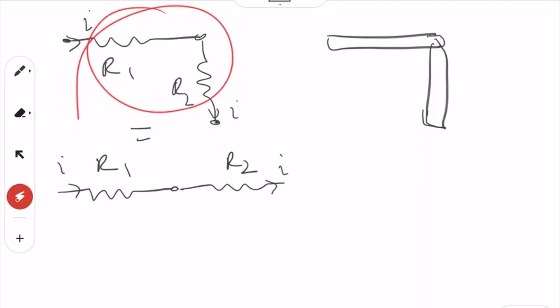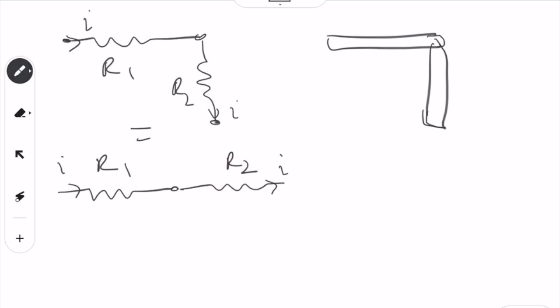Both are exactly the same, but as a structure, if you see this one, if we have some kind of force F here, we apply F here. Let's do it like this.